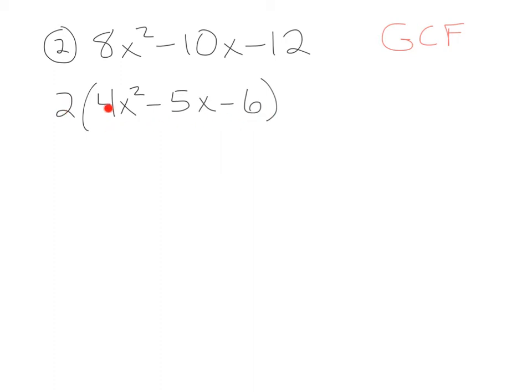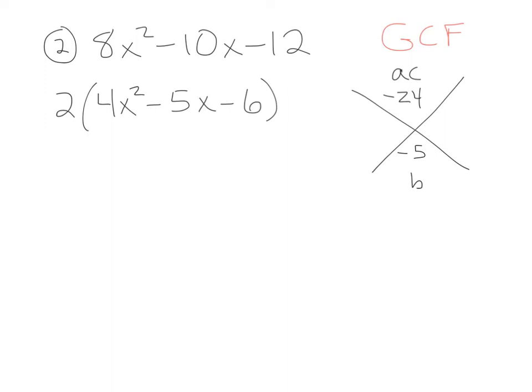It's a trinomial and the leading coefficient is not 1, so we're going to have to go through the entire British method. I'm going to try this little X thing. I need A times C, and I need B down here. A times C, 4 times negative 6, is negative 24. And B is negative 5. So what multiplies to give you negative 24 that might add up to negative 5?